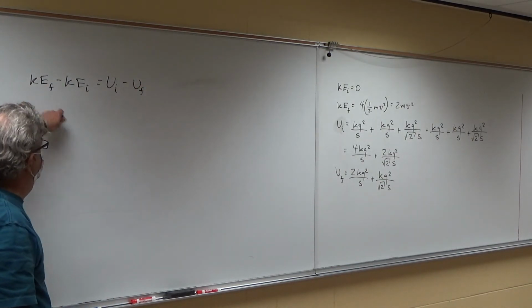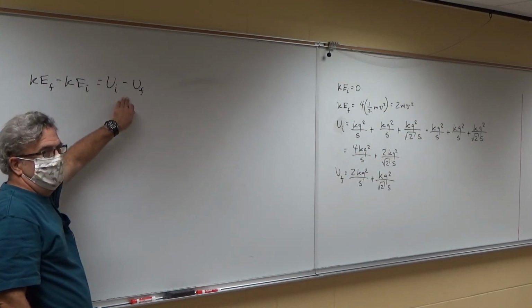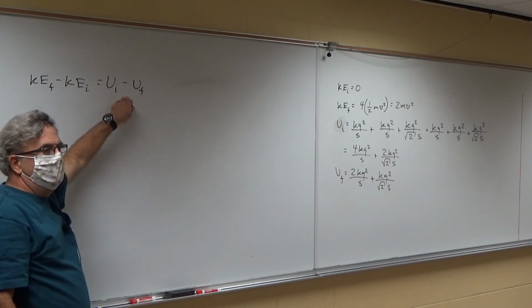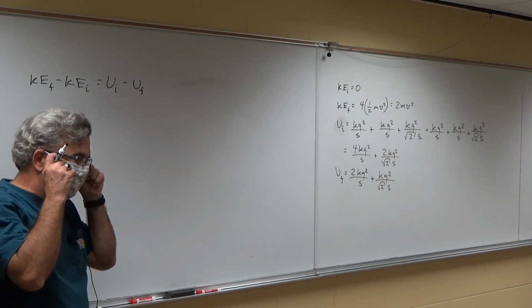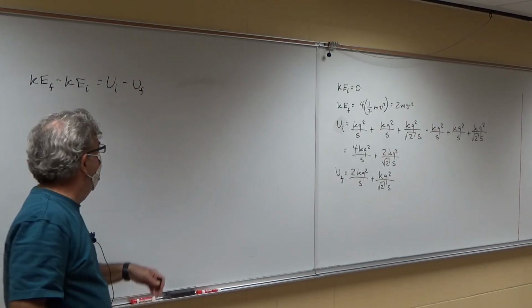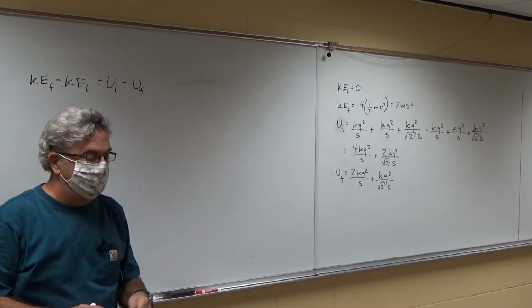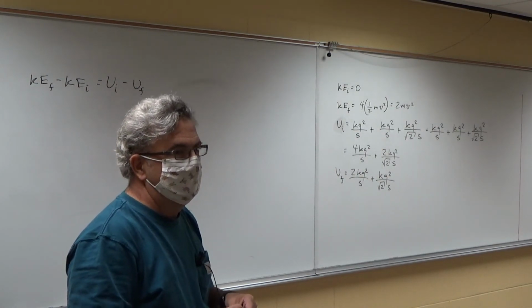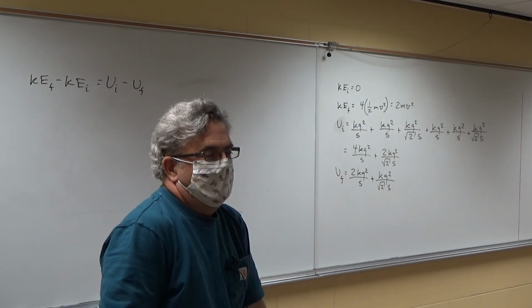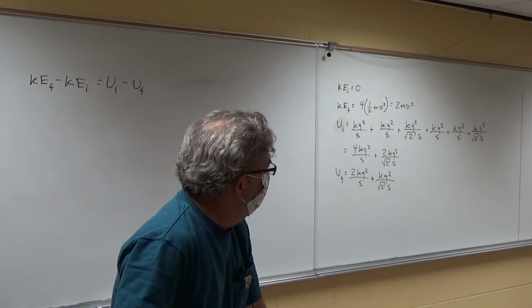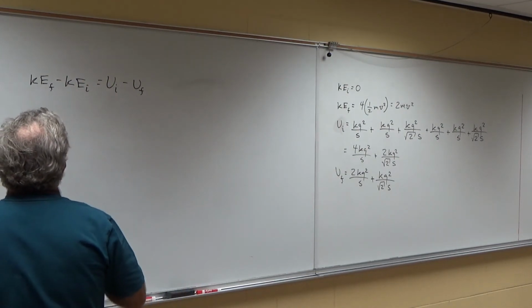That's delta KE is the negative of delta PE, or delta U. I always say PE, but I think in the text most people use U. All right, so I'll do that calculation.